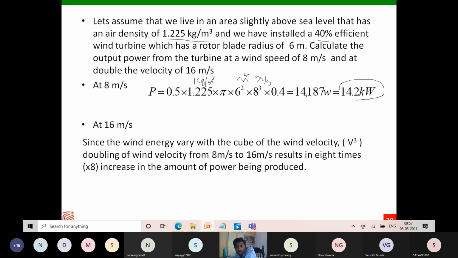So this is a sample problem that I have worked out, but I want you guys to find out what is the power at 16 meters per second. Can you calculate this and tell me what will be the wind power at 16 meters per second?